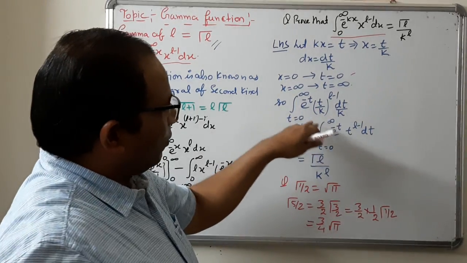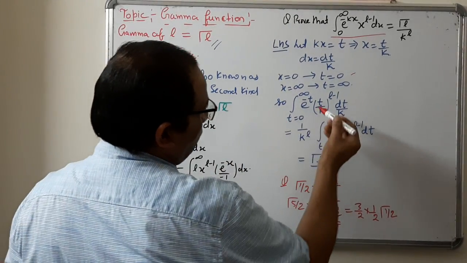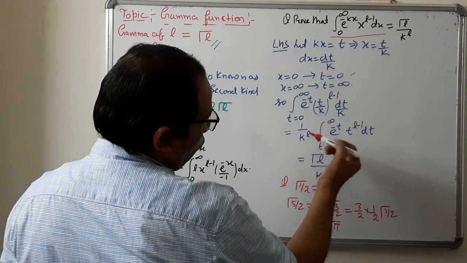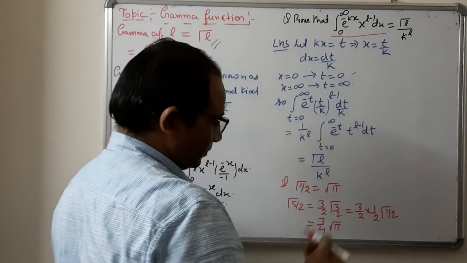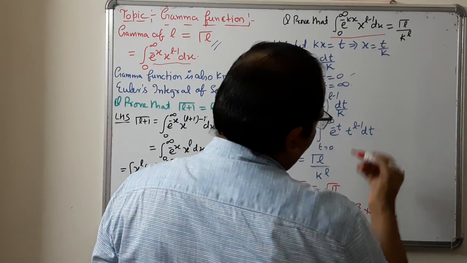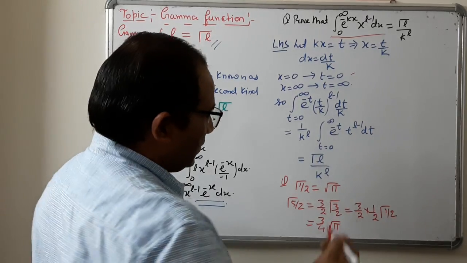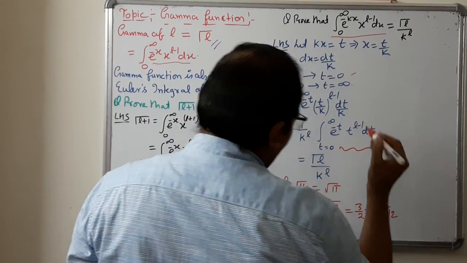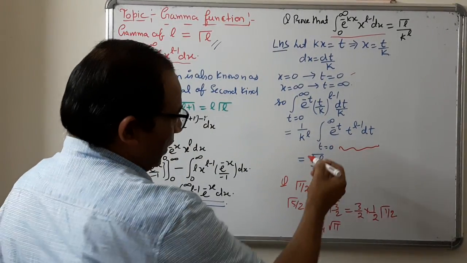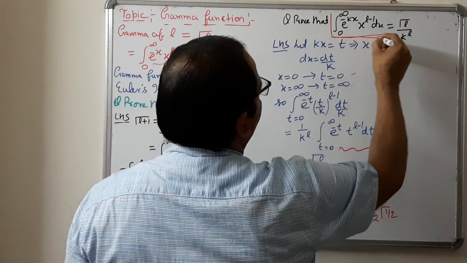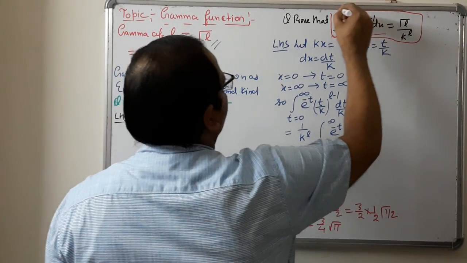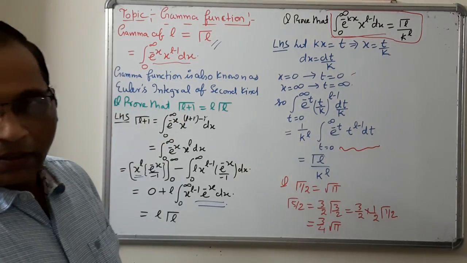Taking the 1 upon k whole as the common, so we get k to the power L common, t equal to 0 to infinity e to the power minus of t, t to the power L minus 1 dt. And this is the value of gamma of L. So put this gamma L upon k to the power L. So this is the formula. This we will use as a formula. This is the proof of this formula.